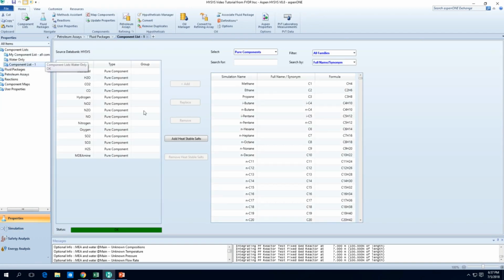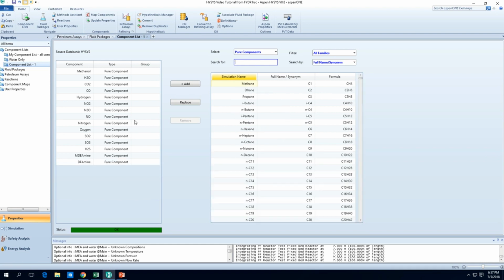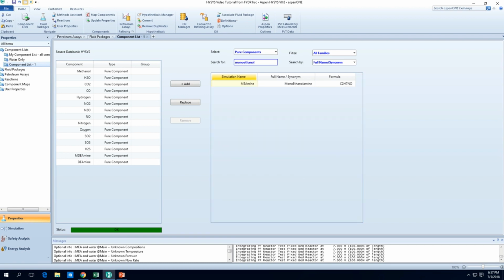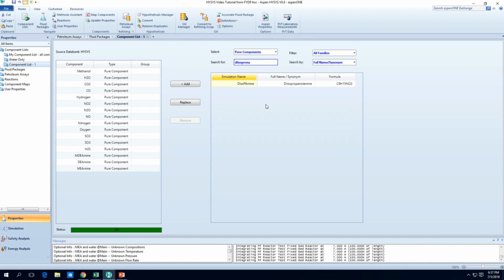So diethanol amine. Okay, HYSYS is lagging, fear not. So monoethanol amine, diisopropanol amine. So yeah, that's what we want.